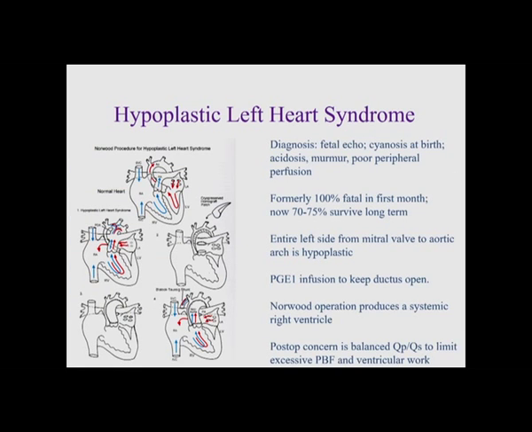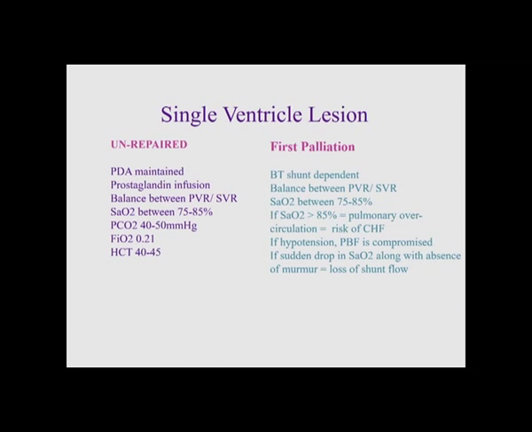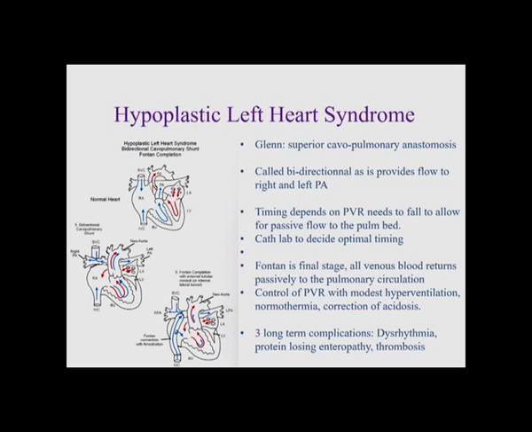These are children that should not be done in a peripheral hospital. They go through several stages of palliation, and as you mentioned before already, they depend on passive flow from the venous return, so they're very much preload dependent.